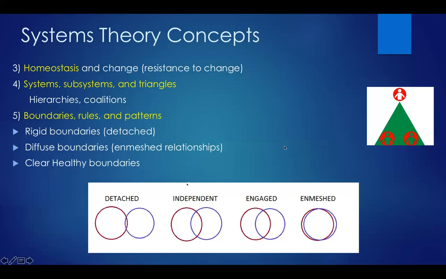So Bowen developed these ideas about healthy boundaries, and these lead to different patterns and rules, usually unspoken rules in families, about who can be close, who can't be close, who tells people what. There's lots of unspoken rules and patterns that develop within families.